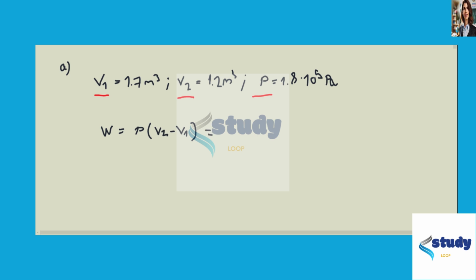Substituting the given values, we know here that it's going to be 1.10 times 10 to the fifth pascals times, and then in brackets we have 1.2 meters cubed minus 1.7 meters cubed.